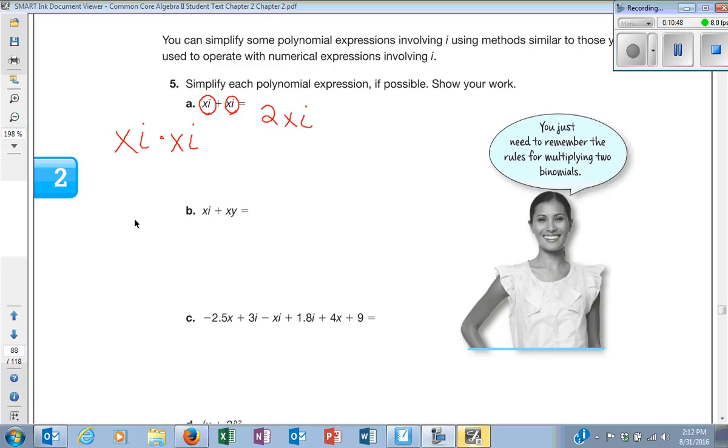Xi times xi would actually be x squared i squared, which we know i squared would turn into a -1, which would then make this a negative x squared. So please see the difference between these two. They're not the same. When you add them, you get 2 xi's, just like you're counting. How many do I have here? I have 1. How many do I have here? I have 1. How many do I have if I put them together? I have 2 of them.